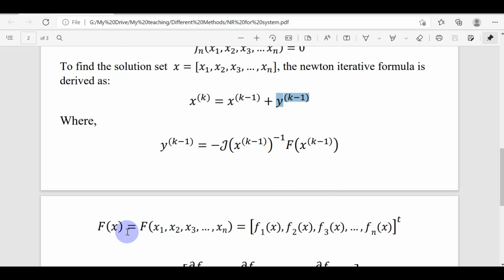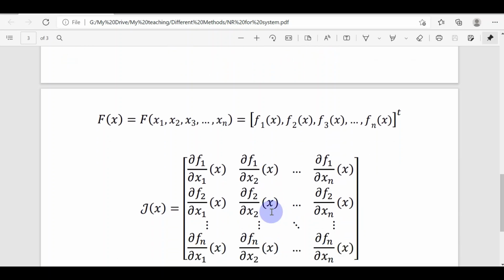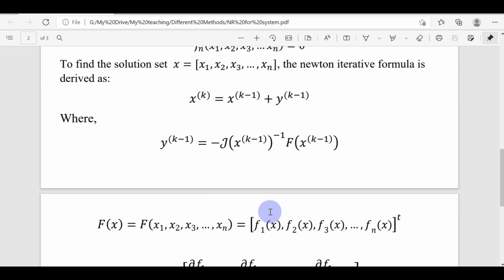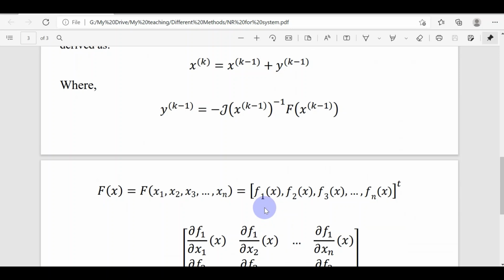F is going to be a vector which will contain the function values of all the functions at some x. And this vector is going to be a column vector, so we are putting transpose at the top of it, while the Jacobian will contain the partial derivative of all the given functions with respect to all the independent variables.